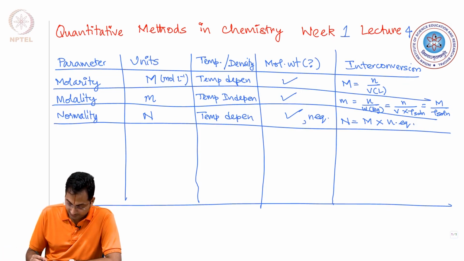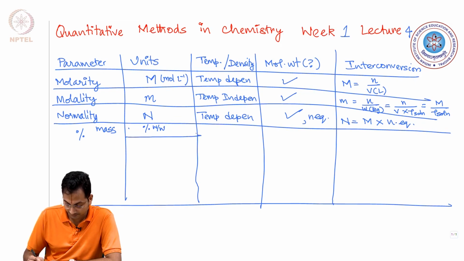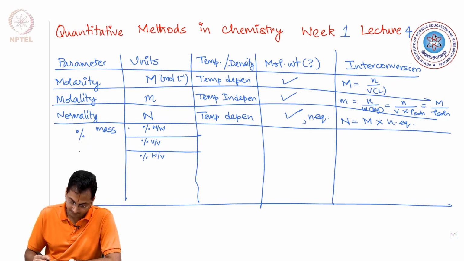The next series of parameters are percentages. So, we have mass percent, which goes unitless. Basically, you have percentage weight by weight is how it is defined. You also have percentage volume by volume, then you have percentage weight by volume, mass, volume.